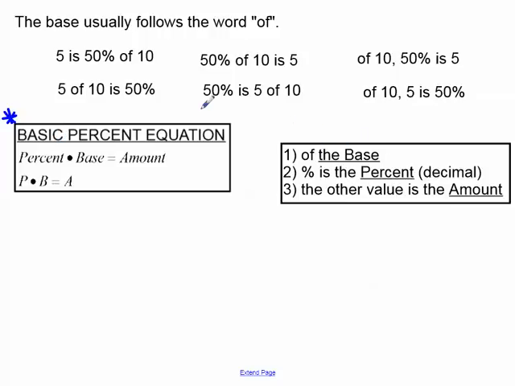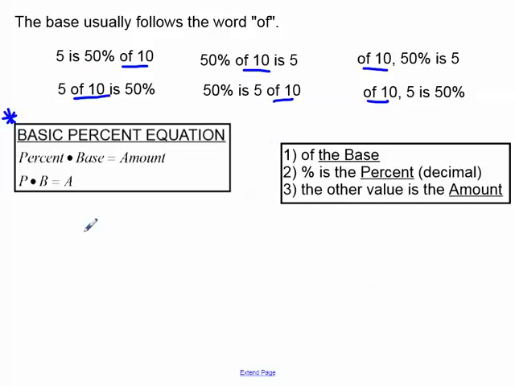The base is of 10. The of 10 is always going to be there. So we'll have of the base. If it's of what number, then we have to remember that the base would be our unknown, and we solve for that.